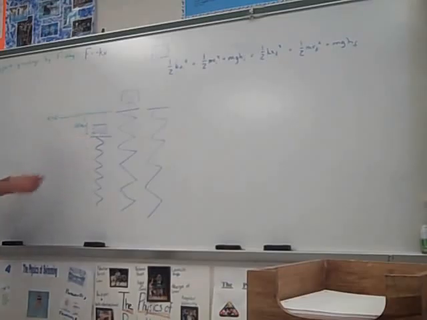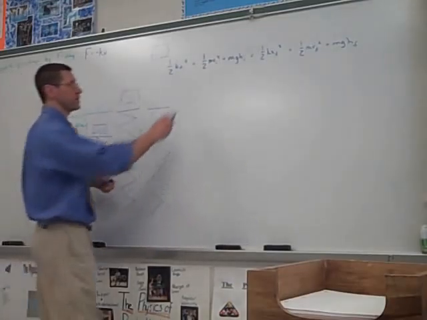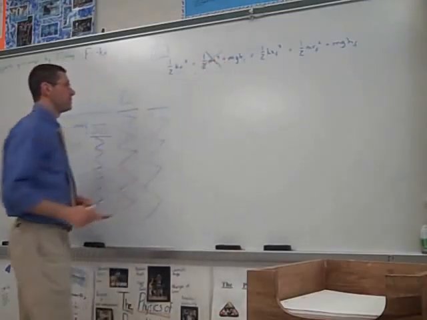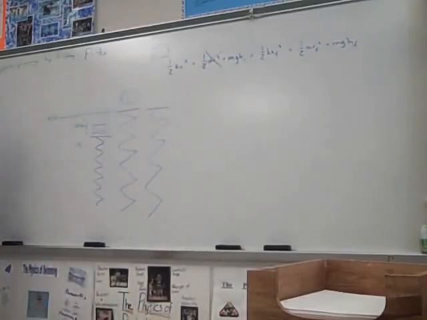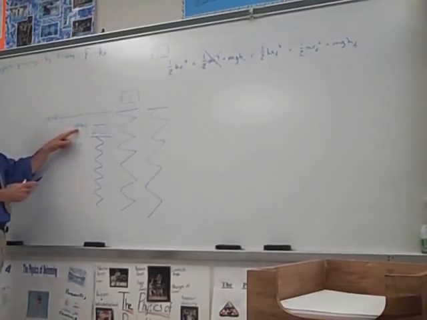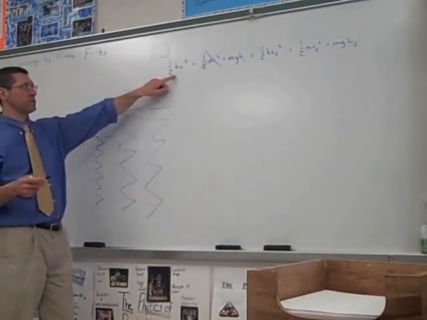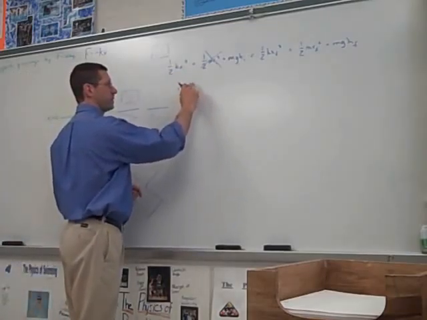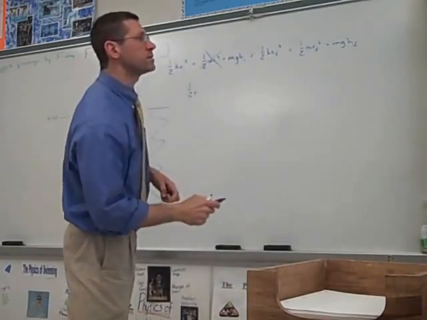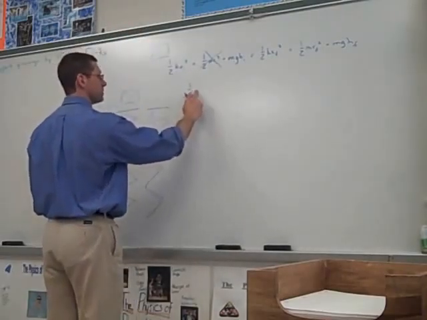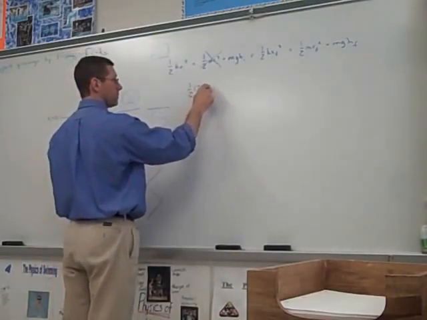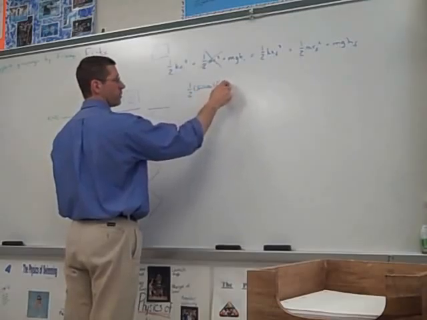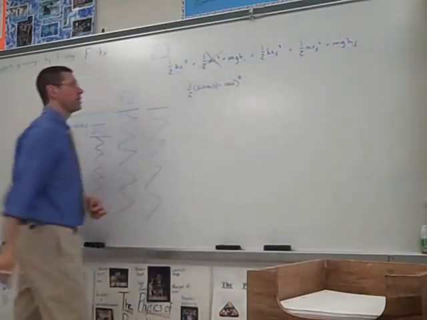Initially, it's at rest, right? So v is 0. So that means the initial kinetic energy is 0. So that's that term. The spring is compressed 0.100 meters. So there is elastic potential. That's going to be equal to 1/2 k, which is 5,000, and x is negative 0.100, squaring it.